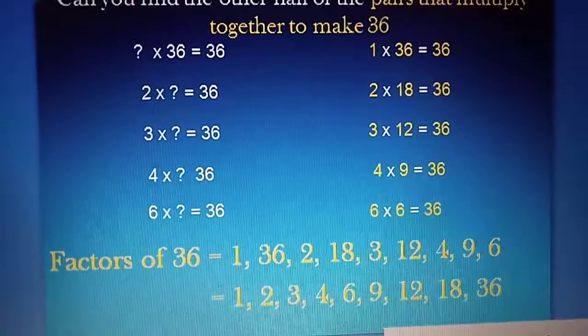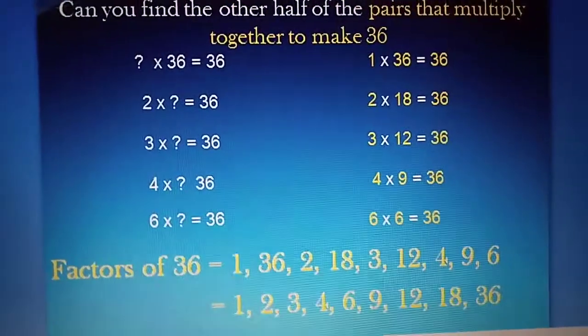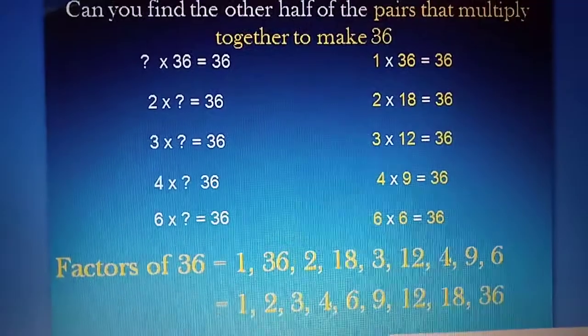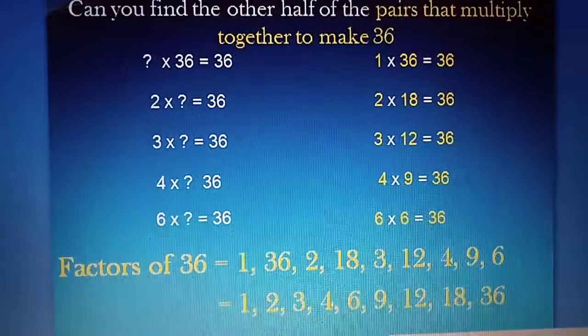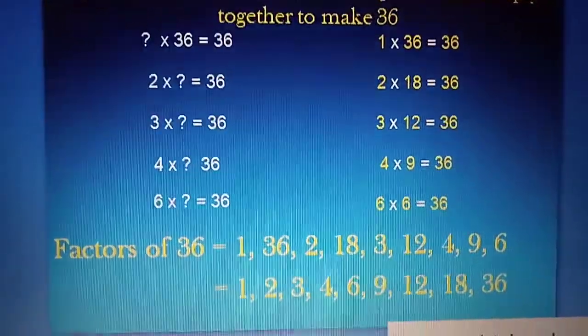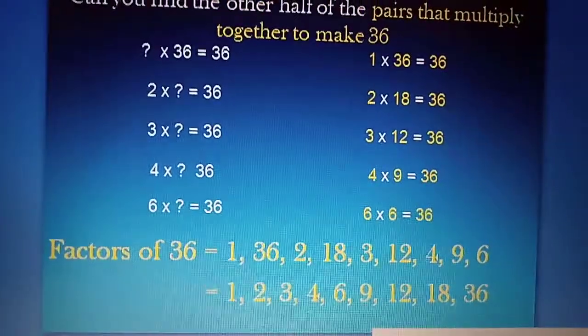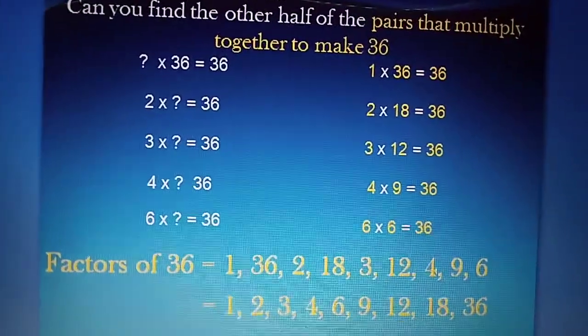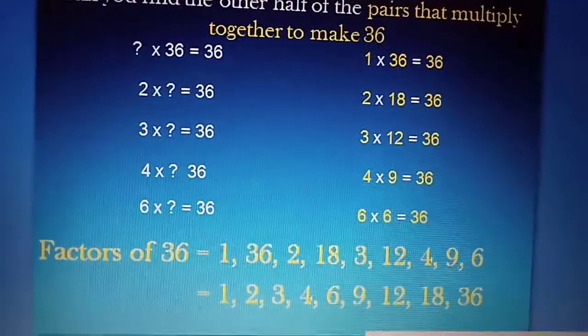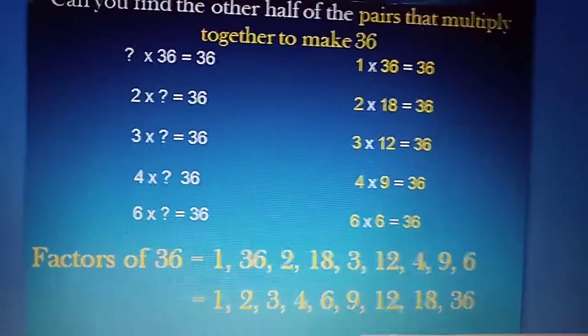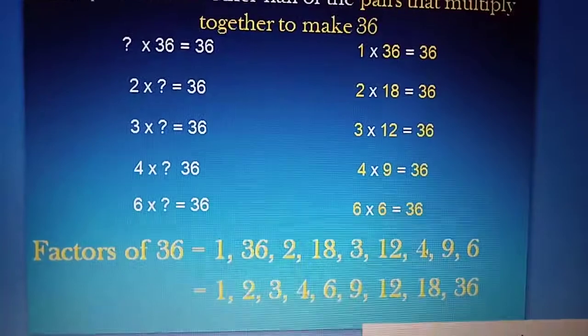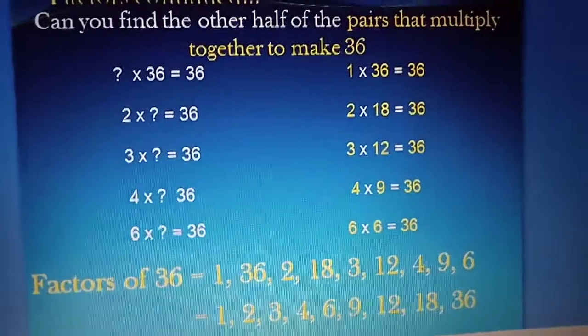And 6 into 6 is 36. So here we have 5 pairs of numbers. When we multiply we get 36. So the factors of 36 here are 1, 2, 3, 4, 6, 9, 12, 18 and 36.